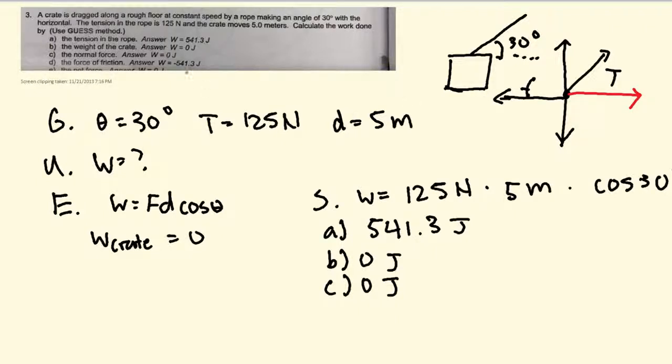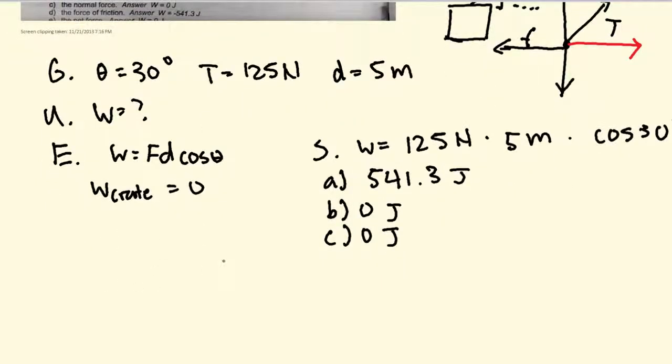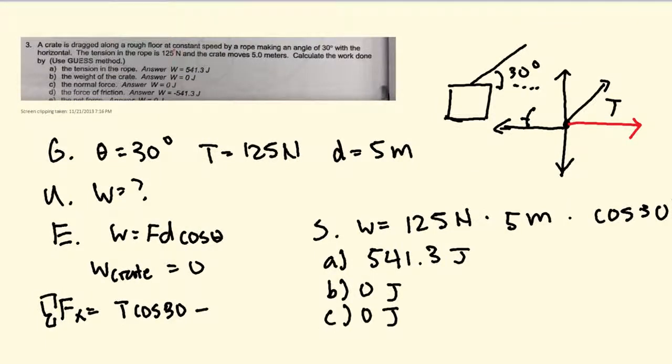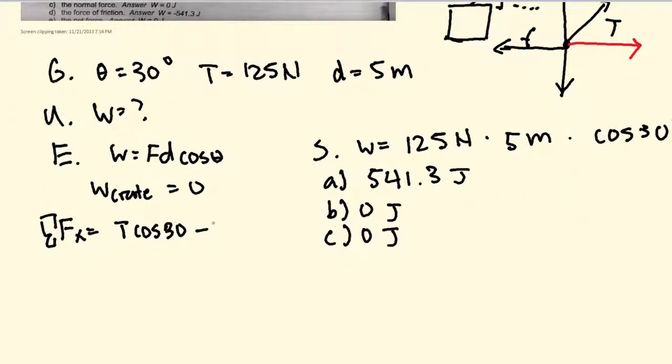If you do a net force equation, the net force in the x direction will be the x component of tension, T cosine 30, minus the frictional force, which is equal to 0, because it is at a constant speed, so the net force has to be 0.